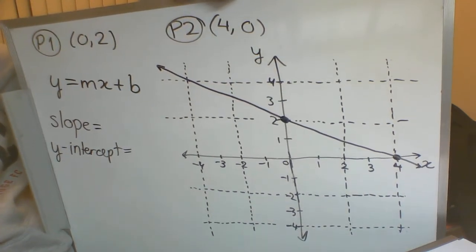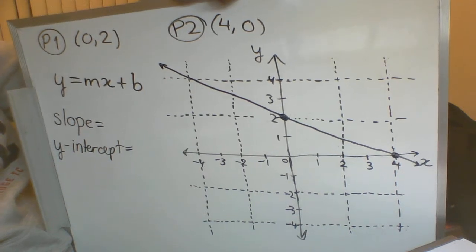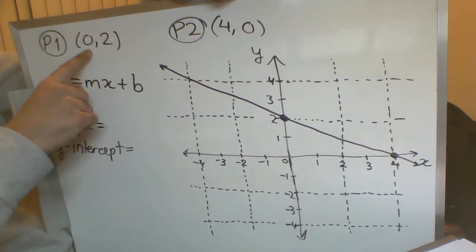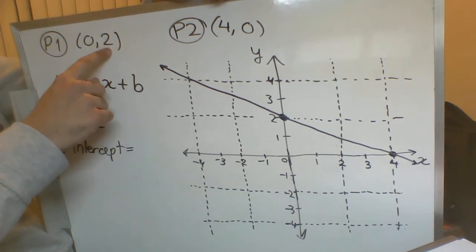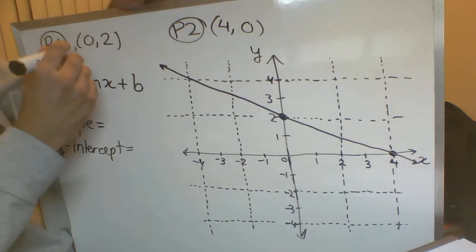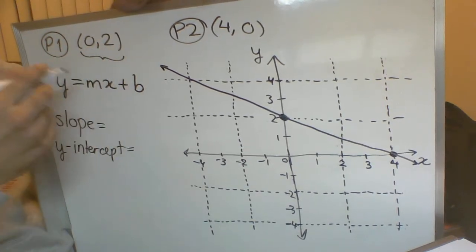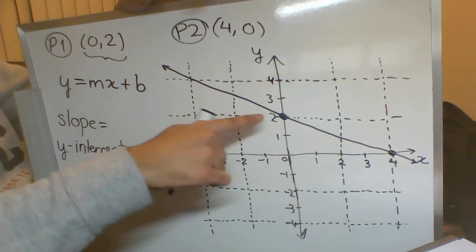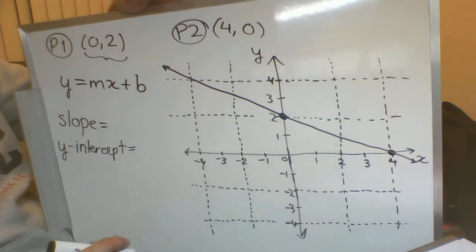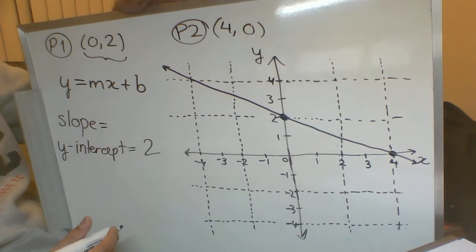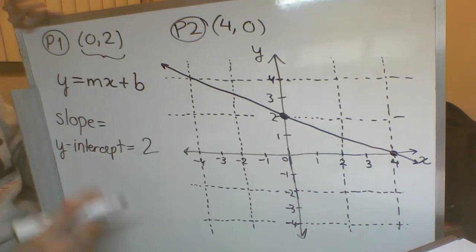It's where your line crosses the y-axis. So if you've got a point where your x-coordinate is 0, then the y-coordinate of that point is your y-intercept. So in this case, because we have the point 0, 2, we know that our y-intercept is going to be that 2 sitting right there, which we could also obtain from looking at the graph. So that tells us we can throw that 2 in right here, that our y-intercept is equal to 2.